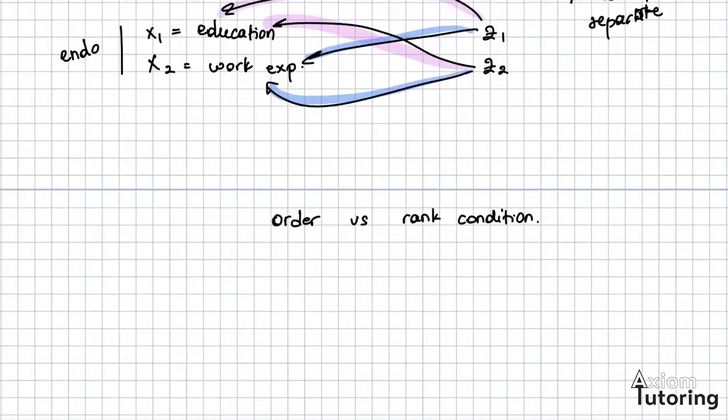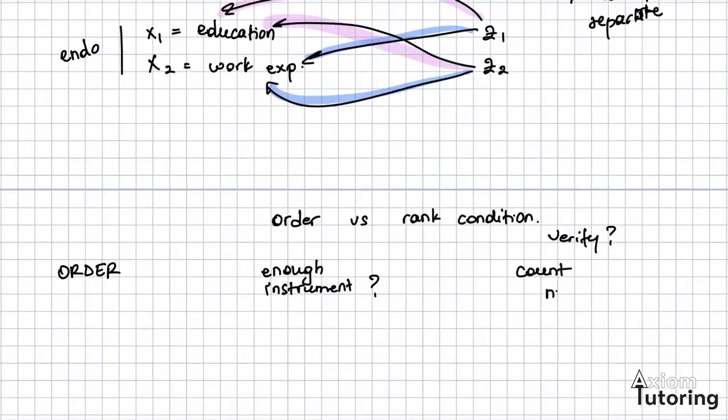Okay, so the order condition, keep in mind, checks whether you have enough instruments. The rule and how to verify it: you simply need to count and compare the number of instruments. How does it compare to the number of endogenous variables?